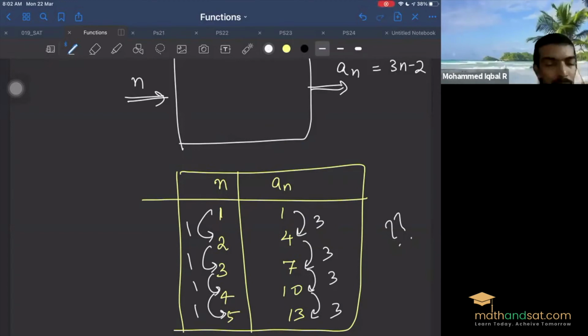And that constant happens to be what we call the common difference. Is that clear? Is that okay?